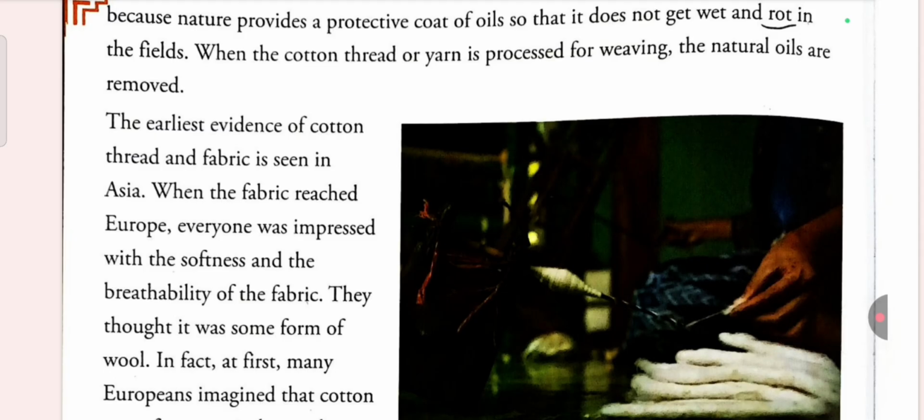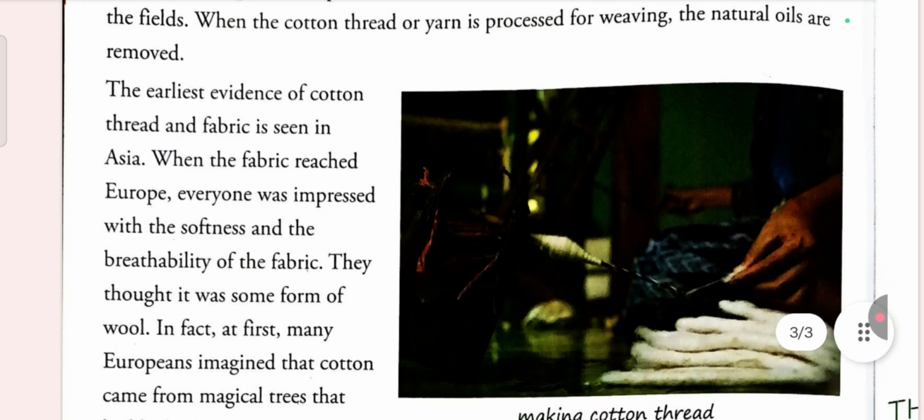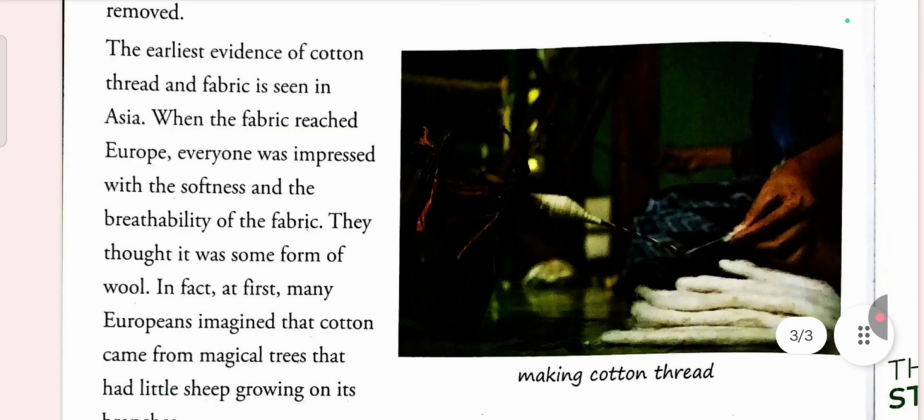When the cotton thread or yarn is processed for weaving, the natural oils are removed. Before making the fabric, the natural oil is removed from the thread or the yarn.